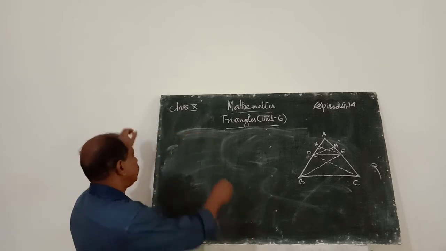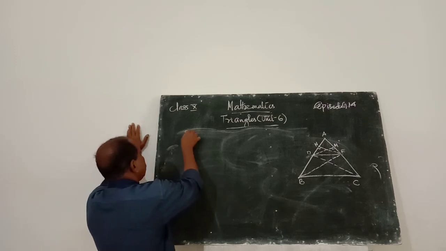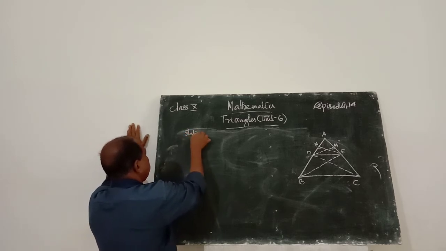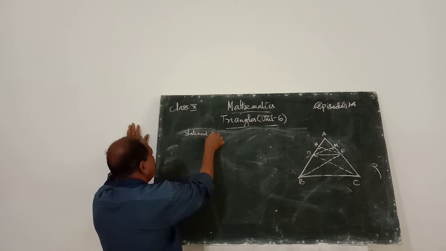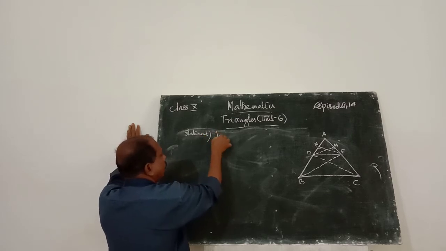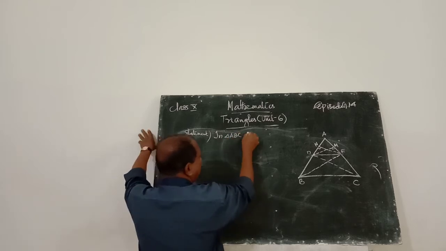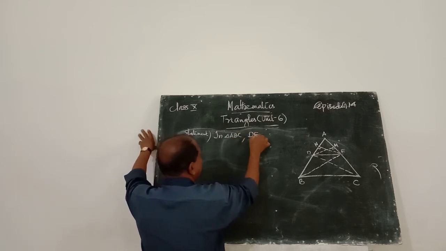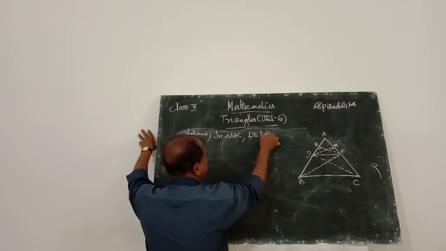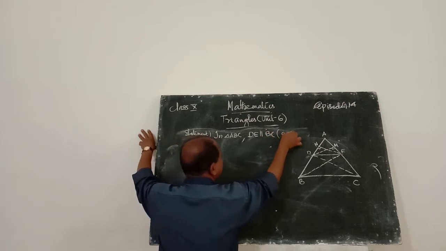Clear? That means the statement: in triangle ABC, DE parallel to BC, which is given.